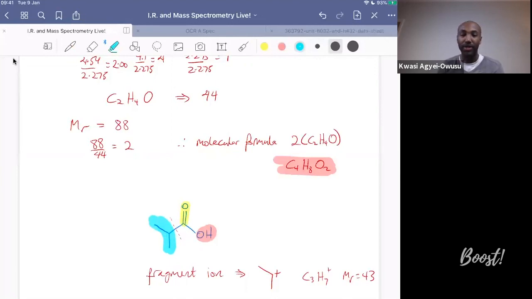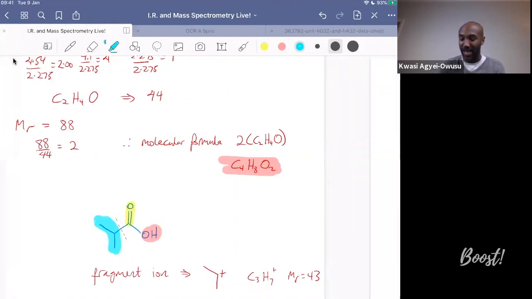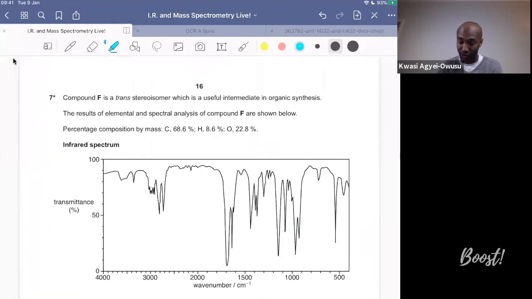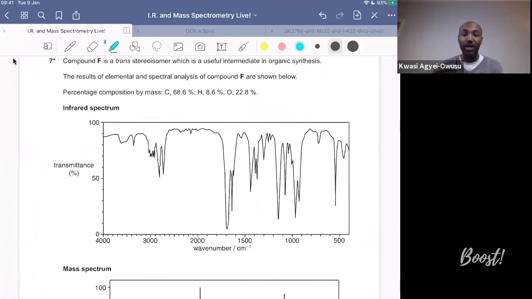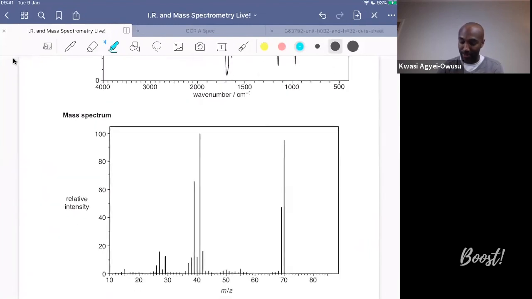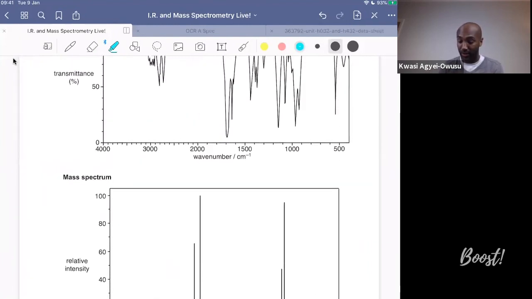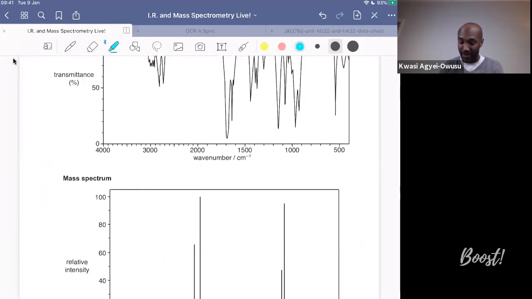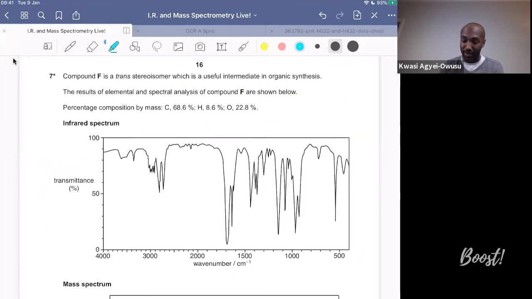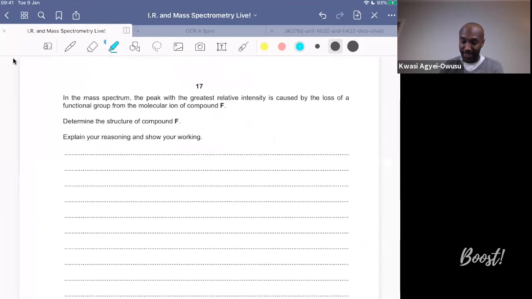Okay, so that is the structure for this mystery compound C. What I'd urge you to do is to go away and tackle what is quite a similar question, working out the empirical formula and molecular formula, using the mass spectrometry data you've been given, and then any fragment ions that you may be required to identify.